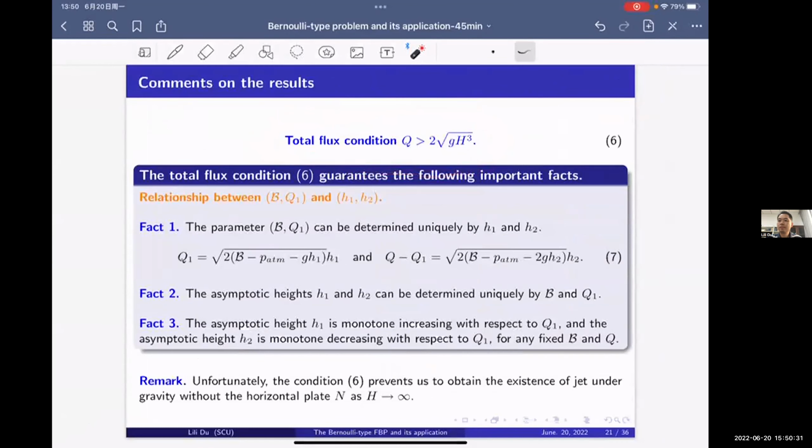These conditions mean the incoming mass flux Q is a finite number, and if H goes to 0, they cannot do this idea. Capital H has to have an upper bound probably. Okay.